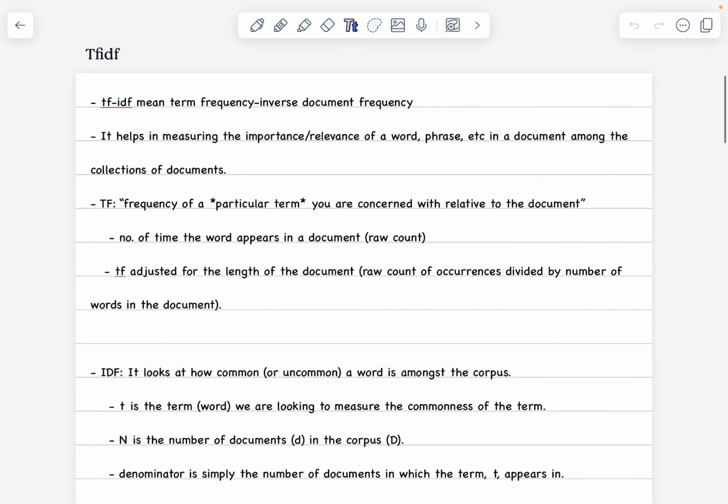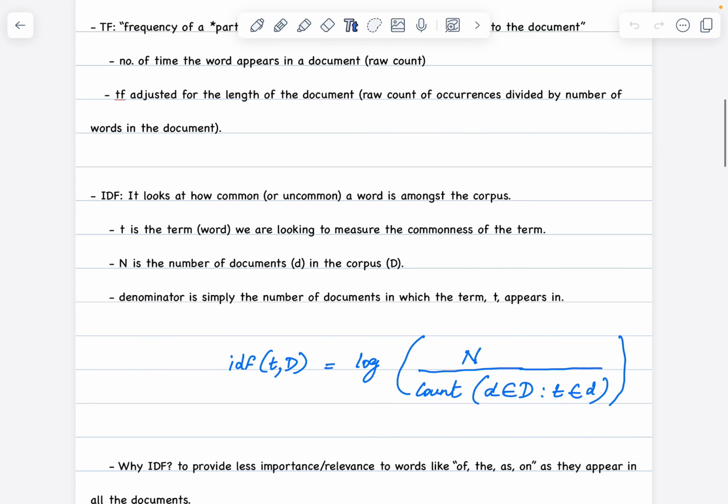Now, when it comes to IDF, the whole point of IDF is to identify how common a particular word is in the document compared with the collection of documents that you have. T is the term or word we are looking to measure the commonness of, and N is the number of documents in the corpus.